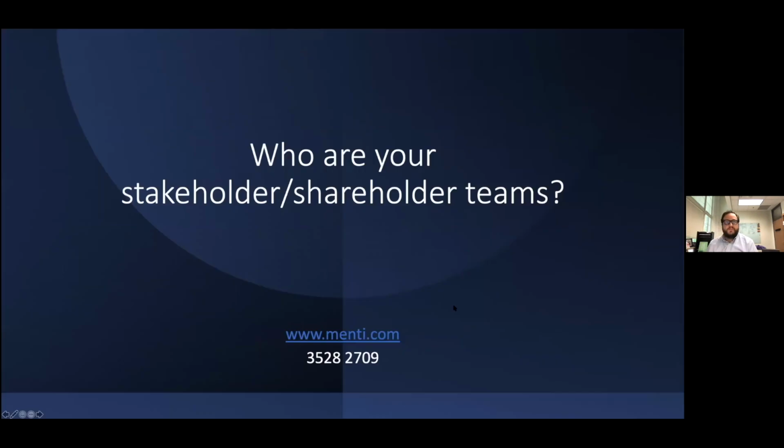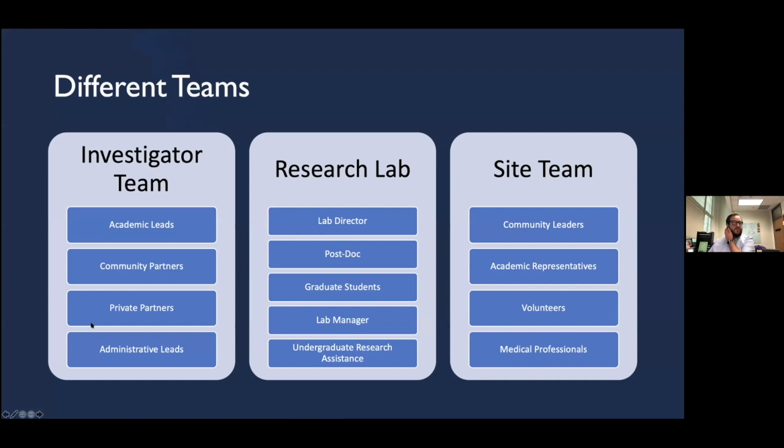And so you're right. You have a bunch of different teams that you work with, and the members of these teams are different. You may have a main investigator team where you have your academic leads at your various institutions, along with community partners, whether they're in the role of an advisory board or providing a letter of support, or actually co-PIs on the grant.